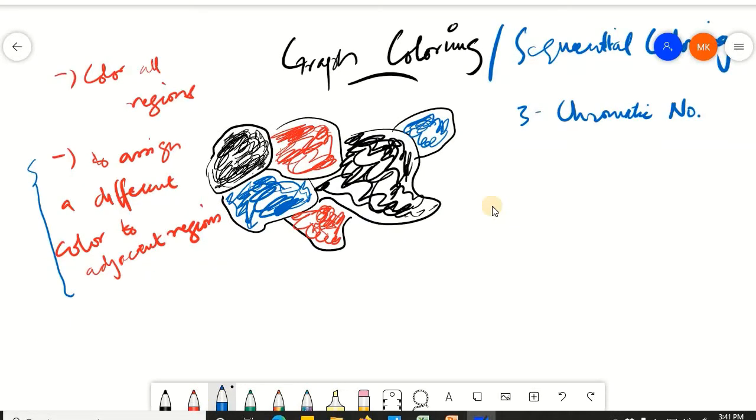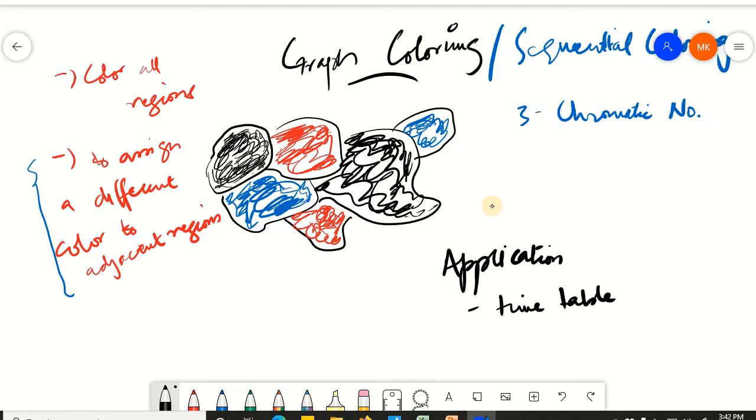There are many applications of graph coloring. For example, it can be used for course allocation or timetable generation, because we have limited classrooms and we want to accommodate all the classes in the limited number of classrooms in such a way that we do not have multiple classes in the same room or a single resource person having multiple classes in a single slot.